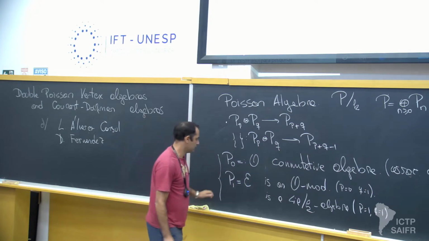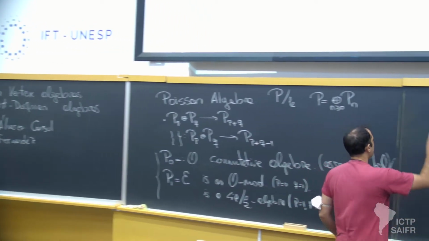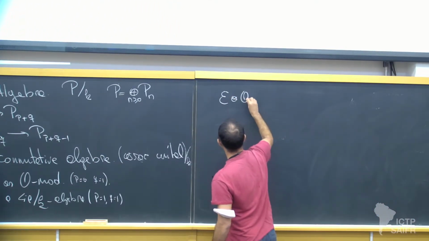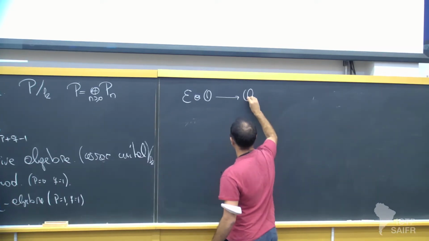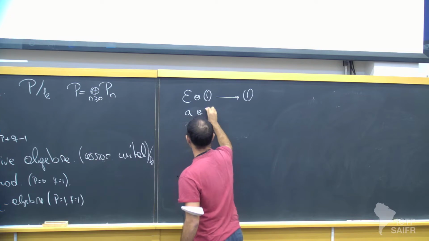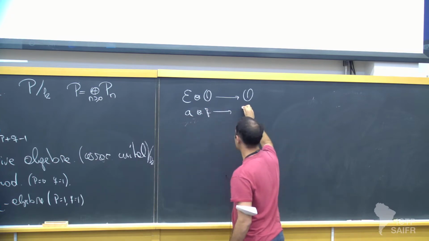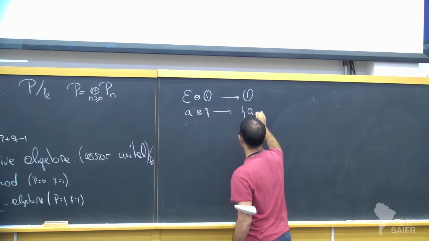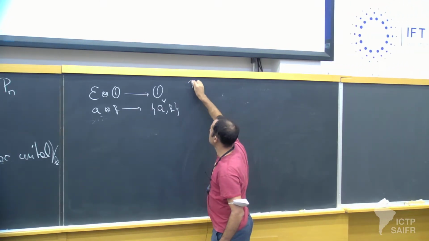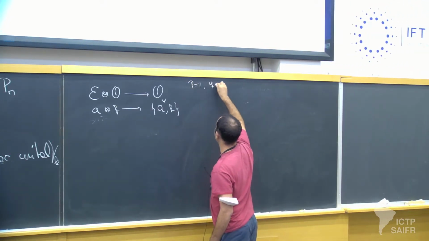And moreover, P1 acts on O by derivations. If you grab something here and something here, you can send it to their Poisson bracket, which lives in here. So this is again the case P equal to 1, Q equal to 0.